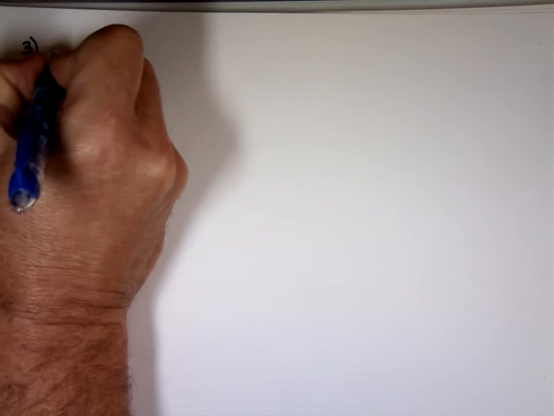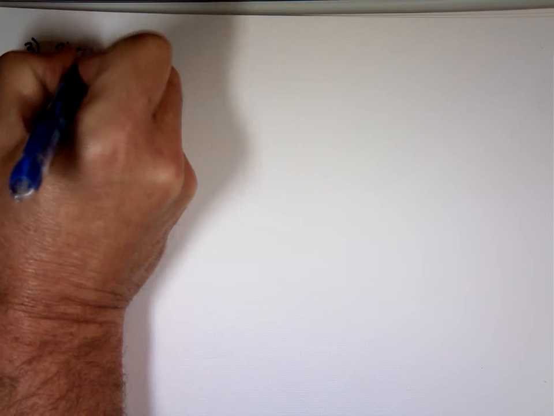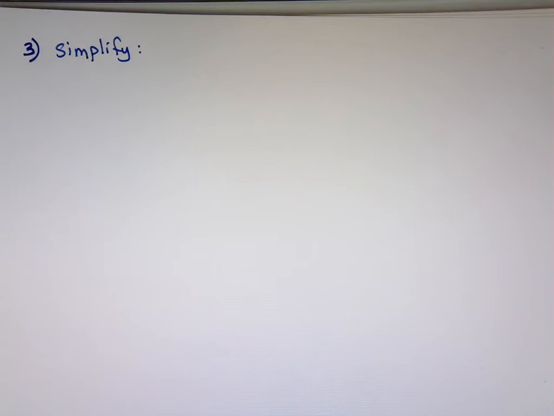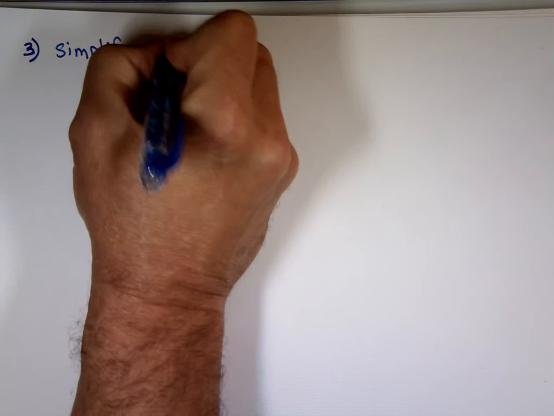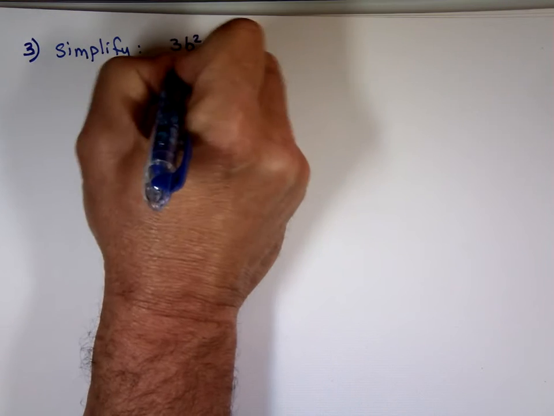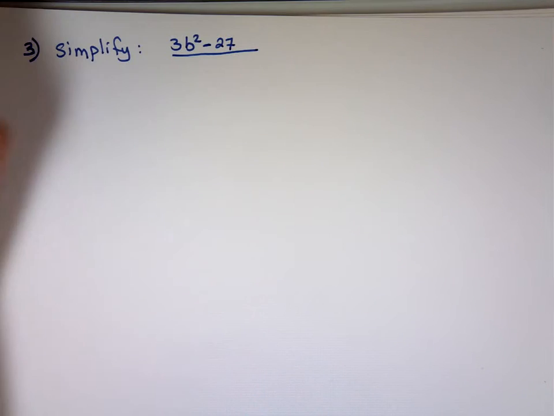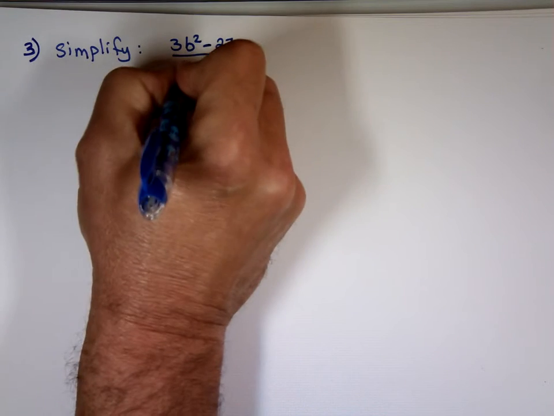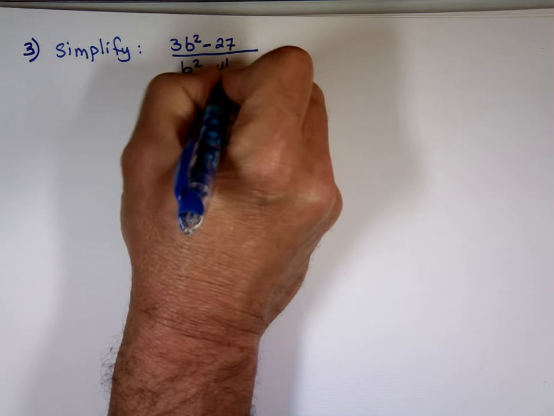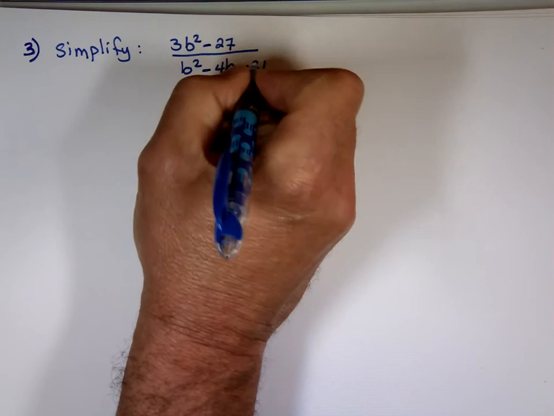Let's try another one. Simplify 3b squared minus 27 over b squared minus 4b minus 21.